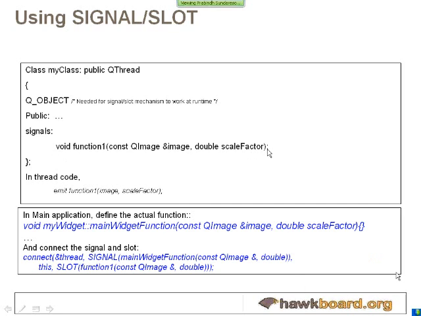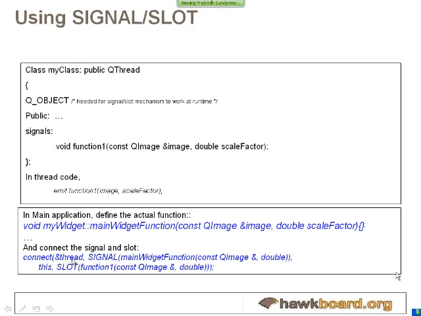In the corresponding slot, you will also have a similar declaration, and you will be implementing that probably in the same file or in another file. So you can see that there's a main widget function. To connect both, there's an API called connect, which has this prototype.